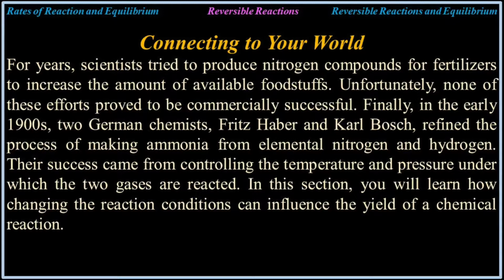Their success came from controlling the temperature and pressure under which the 2 gases are reacted. In this section, you will learn how changing the reaction conditions can influence the yield of a chemical reaction.